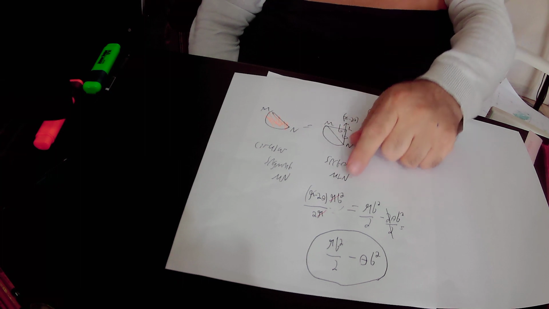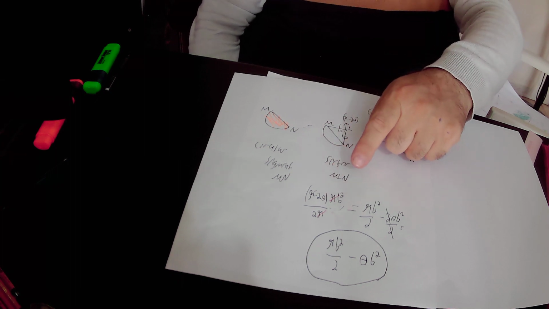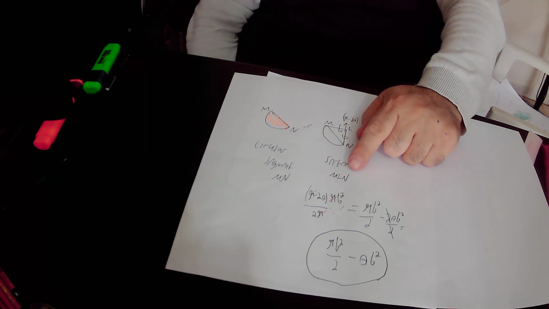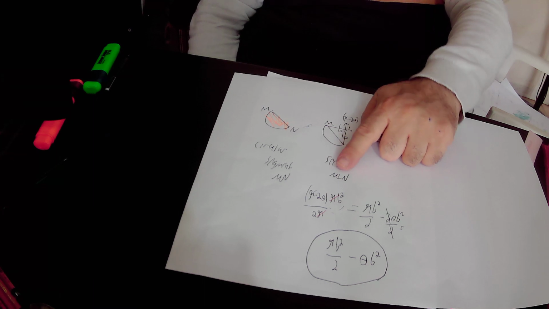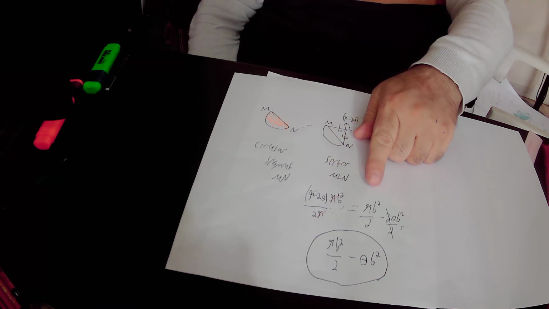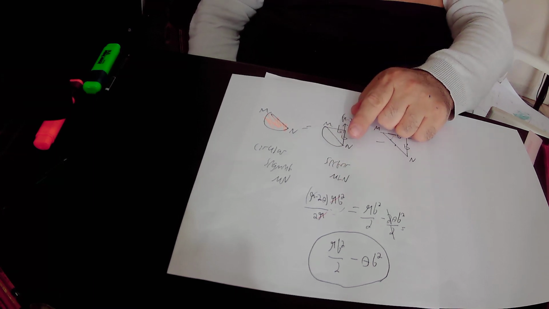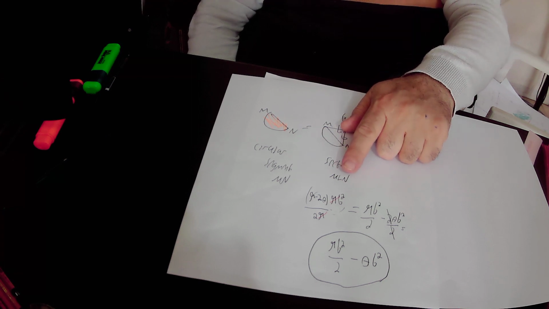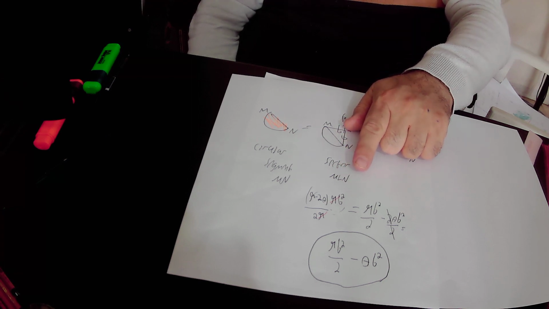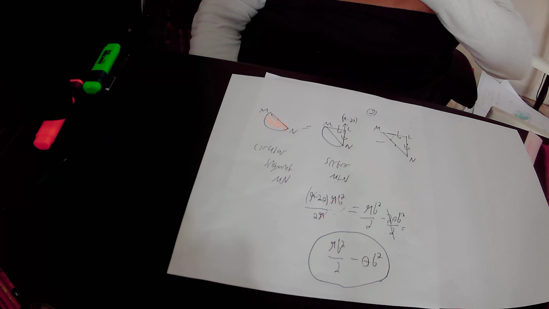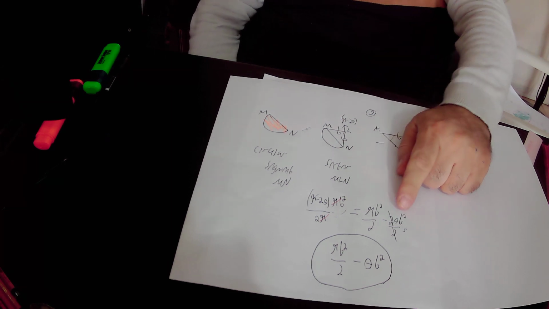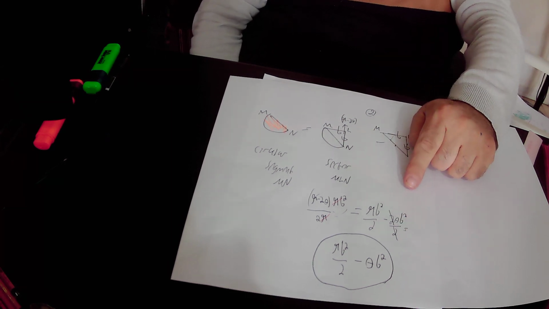So here we have pi in the numerator and pi in the denominator, so pi will get cancelled. Then we open the brackets and we get pi b squared over 2 minus 2 theta b squared over 2. We have 2 in the numerator, 2 in the denominator, so 2 will get cancelled.